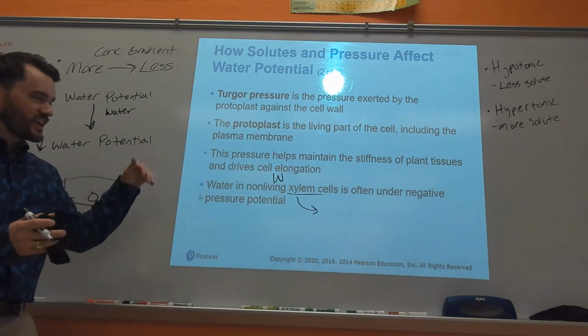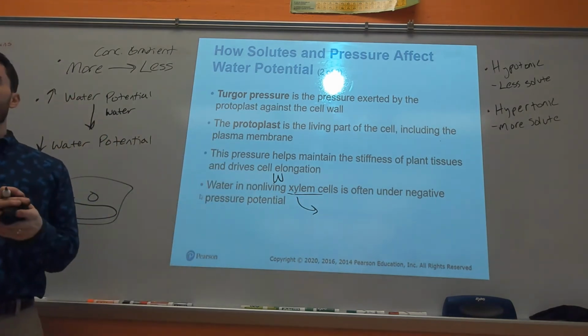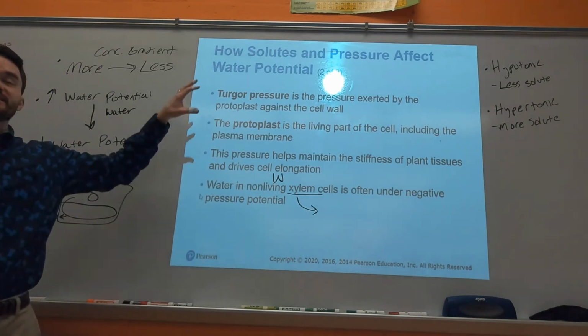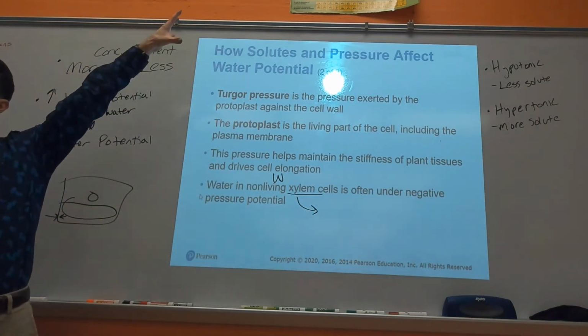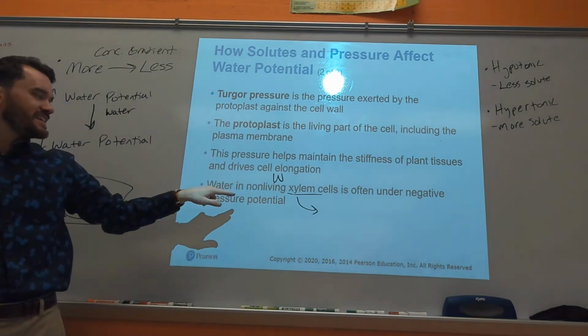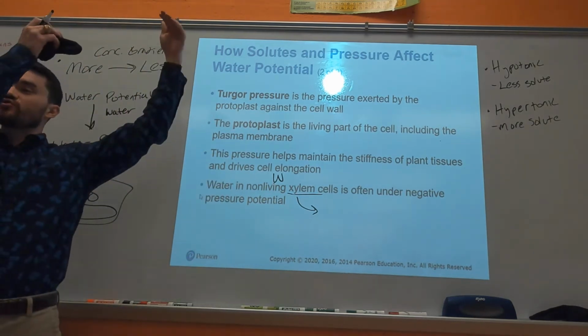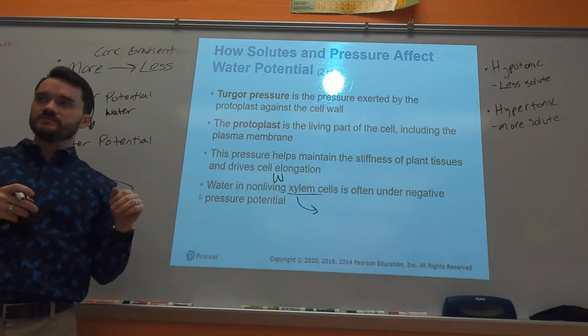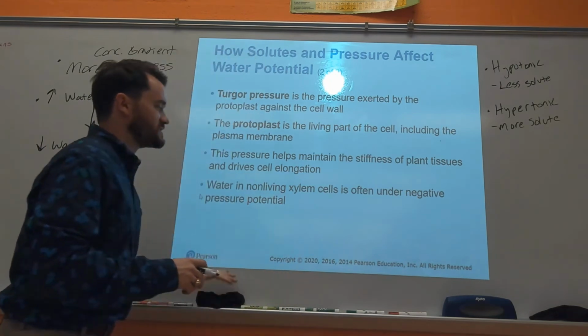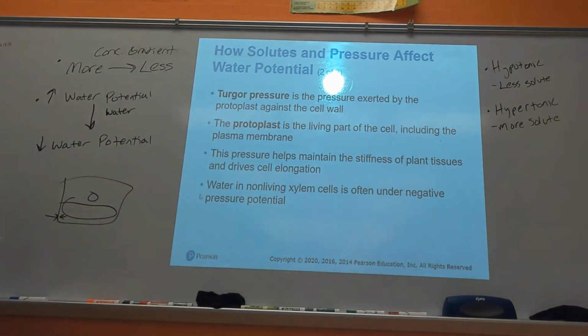Anyways, the xylem will carry the water. The reason why the water can go against gravity from the roots up the plant is at the top of the plant, water evaporates through transpiration, and that creates a negative pressure potential that draws the water up through the roots. Anyways, as I said, it's not really as relevant for the Unit 2 tests, but there were just bullet points that existed on the pre-made PowerPoints.